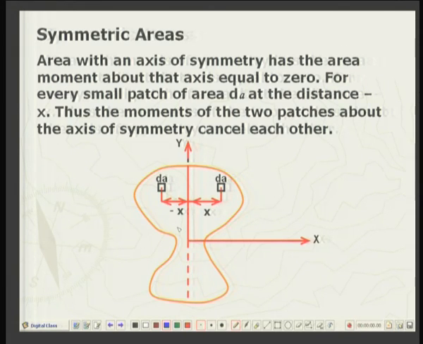And accordingly, if y axis is the axis of symmetry, then the x coordinate of the centroid, xc, will be 0, and the y coordinate will lie anywhere along the y axis. If x axis is the axis of symmetry, then yc will be 0 and xc will lie anywhere along it.